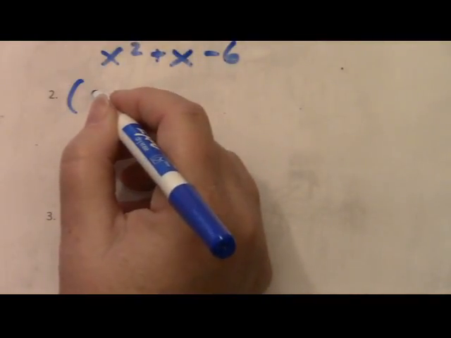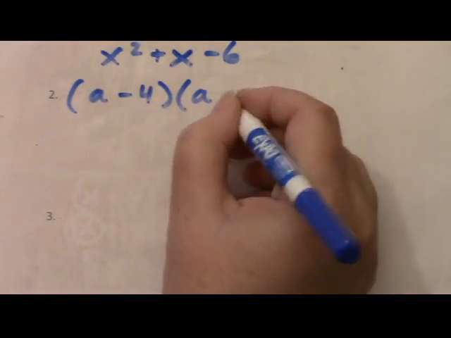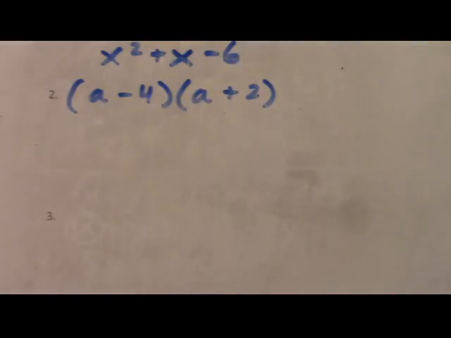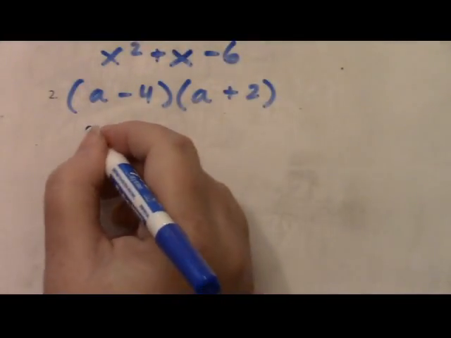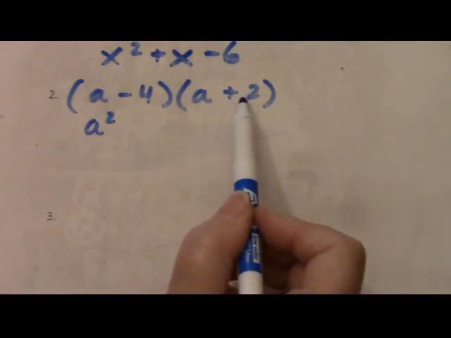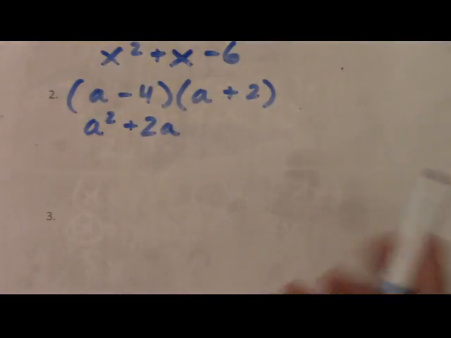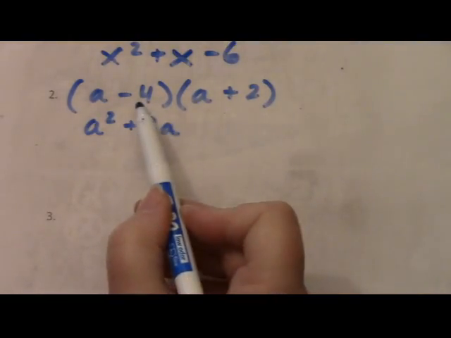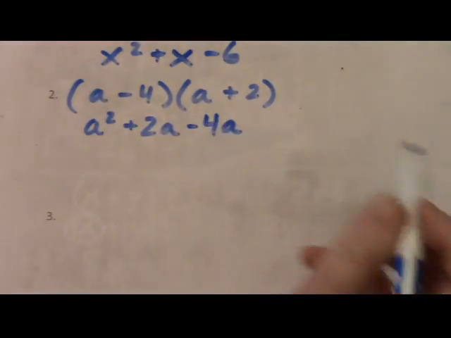Okay, let's FOIL another set. Let's say a minus 4 times a plus 2. First, A times A is A squared. Outside, 2 times A gives me a +2A. Insides, -4 times A, -4A.